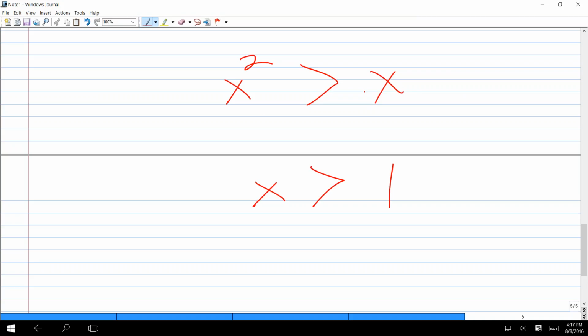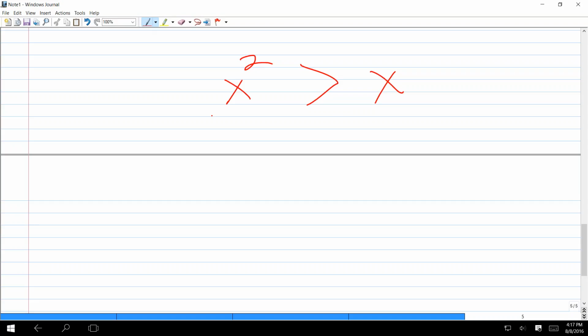Whenever x is negative, I'm going to have to reverse the sign. Whenever x is positive, I'm going to leave the direction the same. So you can't divide or multiply by variables, not as long as that variable can be positive or negative.